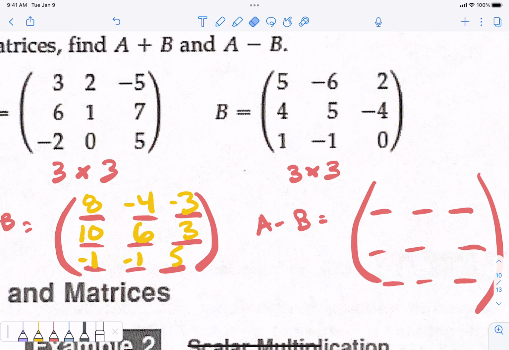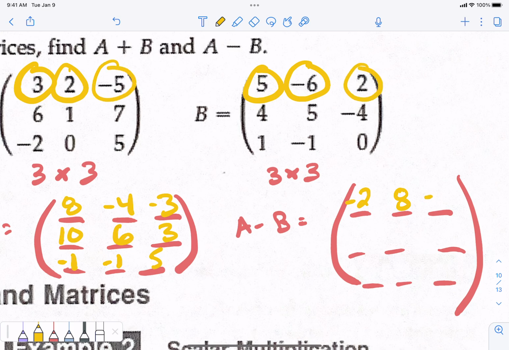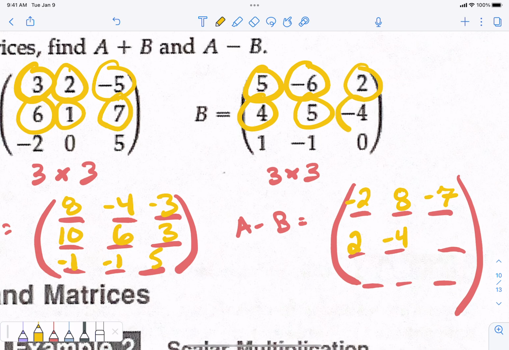All right, then subtracting. Same thing again. 3 minus 5, negative 2. 2 minus a negative 6 is positive 8. Negative 5 minus 2, negative 7. 6 minus 4 is 2. 1 minus 5, negative 4. 7 minus a negative 4, 11.